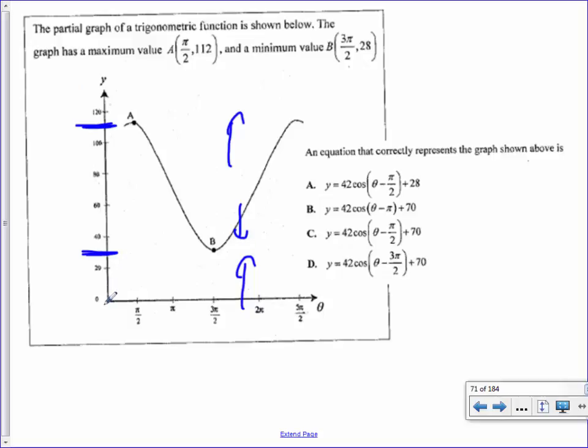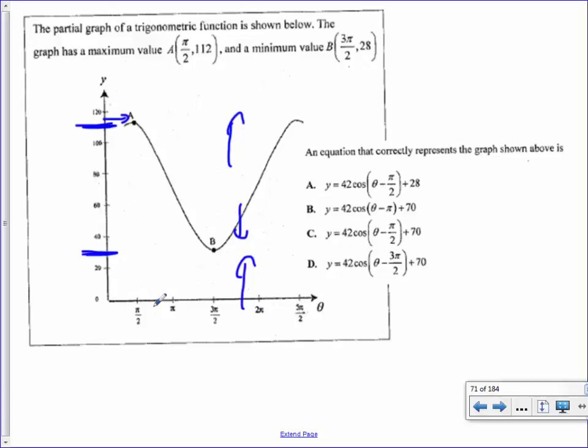Like it's been pulled up as well. Does that make sense? Another thing that I think has happened is, see this A value right here? Normally the graph is supposed to start at its highest point, but it's been slid over a little bit as well. Does that make sense? Our goal is then to figure out which one of these equations is best.